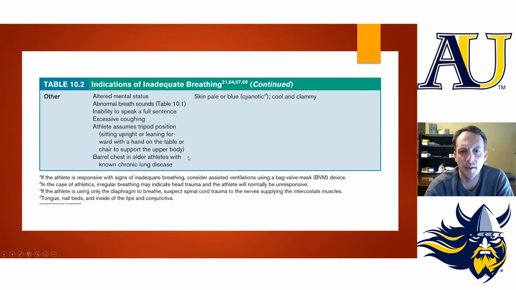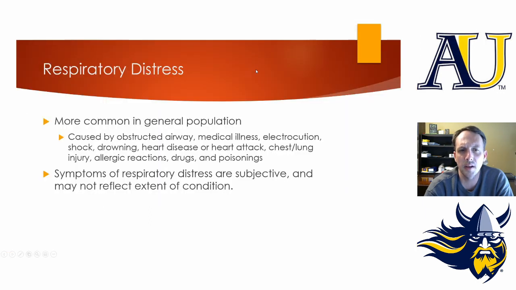Those different conditions as well are all signs and symptoms that you would see of inadequate breathing, regardless of the breath sounds. And we're going to call all of this inadequate breathing respiratory distress.